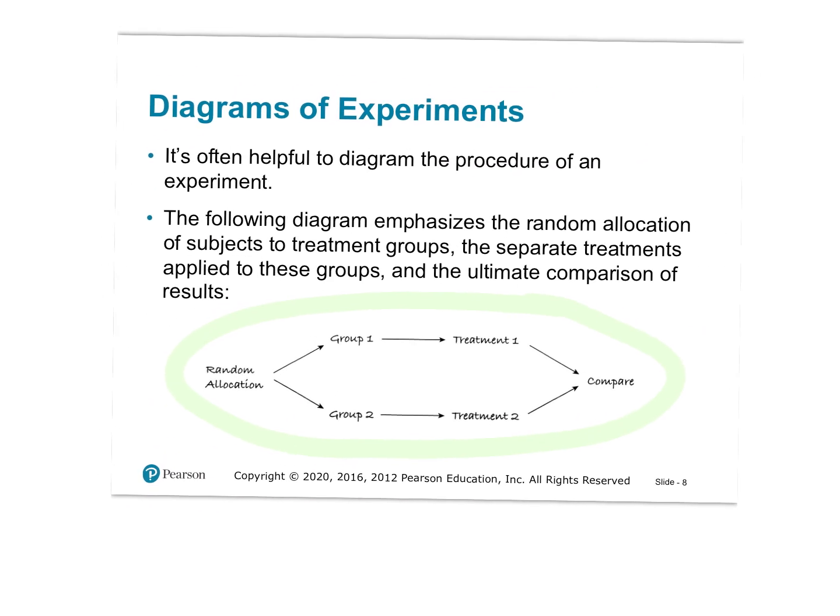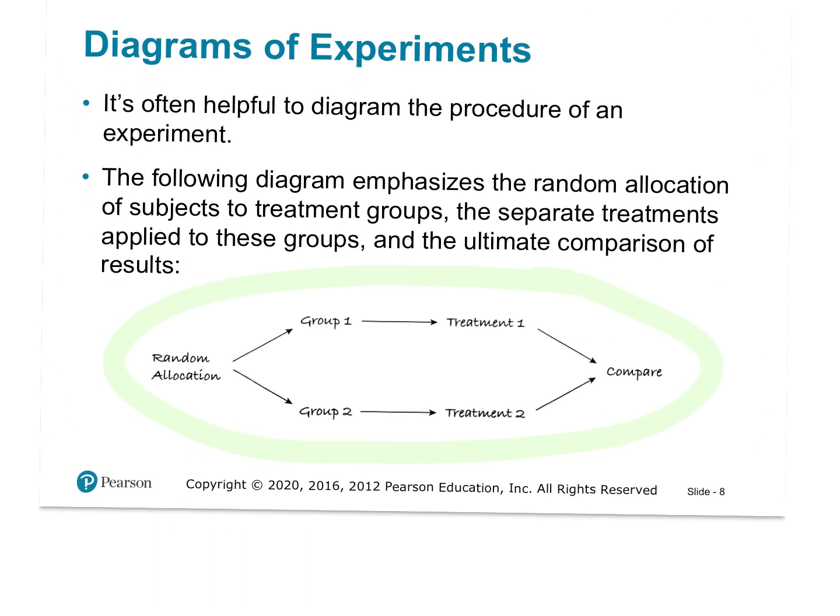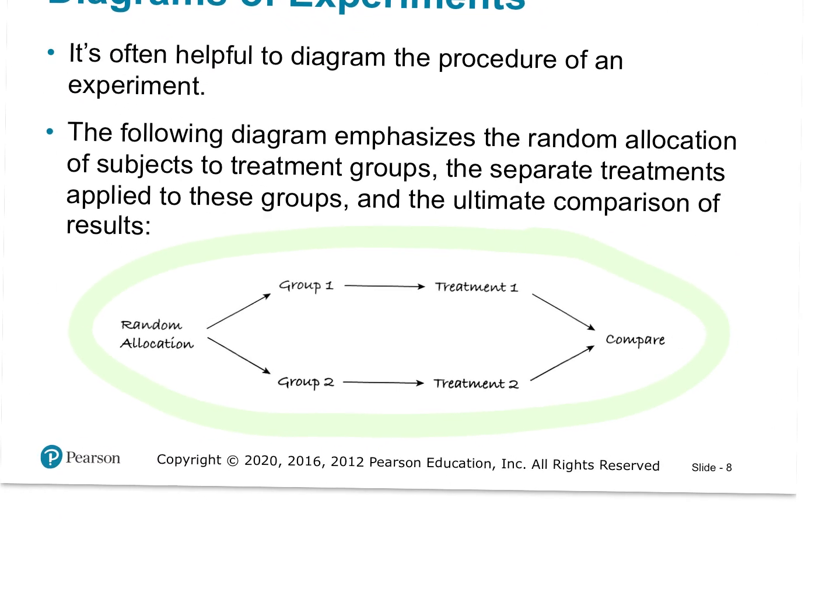All right, the general design that is used to express or show how experiments are going to be set up is this visual right here. You may want to make a mental note about that, or maybe draw that on your paper. So obviously we're going to randomly assign.